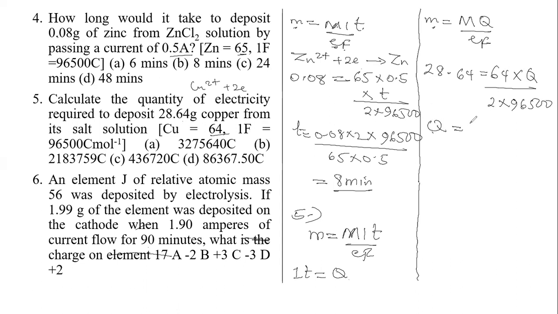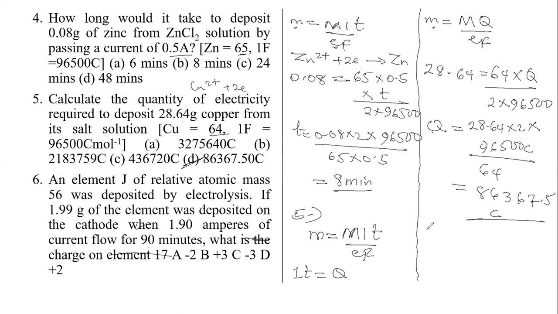So that Q is going to be 28.64 times 2 times 96,500 coulombs divided by 64. And when you press your calculator, you find that it is 86367.5 coulombs of electricity. So that's going to be option D.